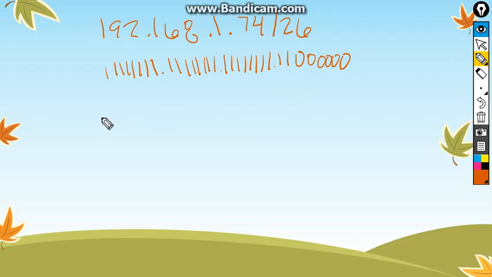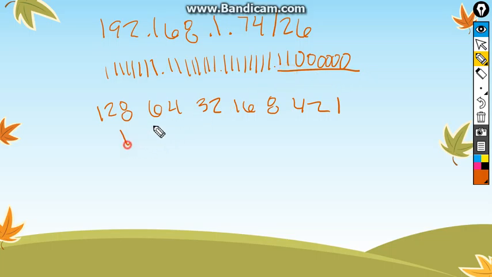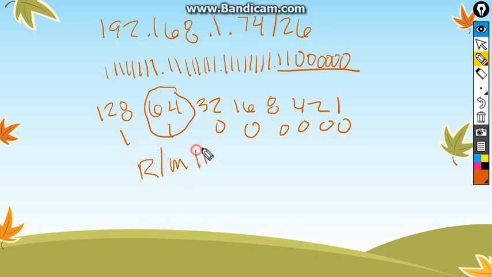Remember, draw a chart: 128, 64, 32, 16, 8, 4, 2, and 1. Apply our last octet to these numbers. Notice 64 is our new rotator, or magic number.